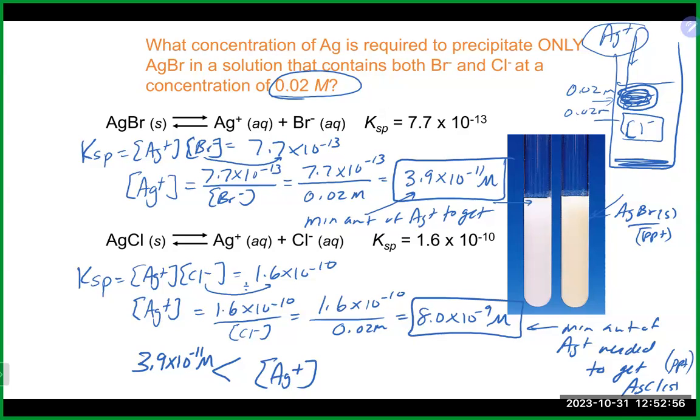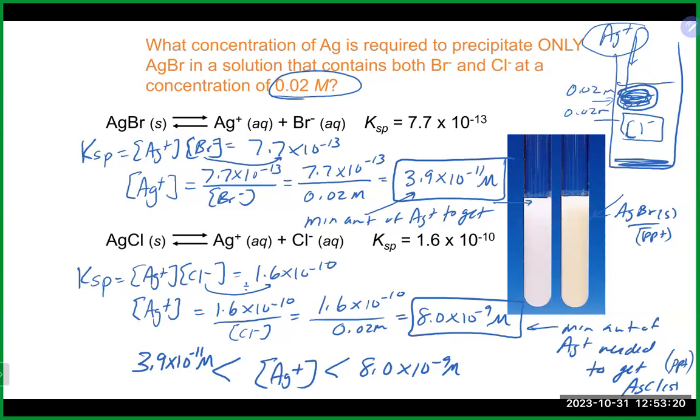The 8 times 10 to the minus 9, which is a larger concentration. So if I keep that less than 8.0 times 10 to the minus 9 molar, any solid that I see come out, if I keep the concentration between those two numbers, should be silver bromide, right? And now I don't have to pick it out one by one and try to figure out which one's which. I know that it should be silver bromide.